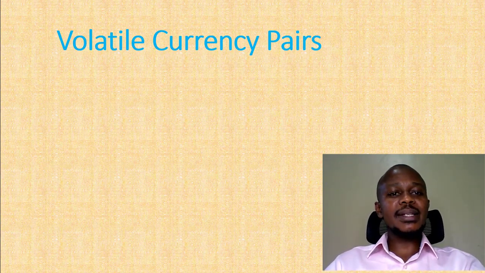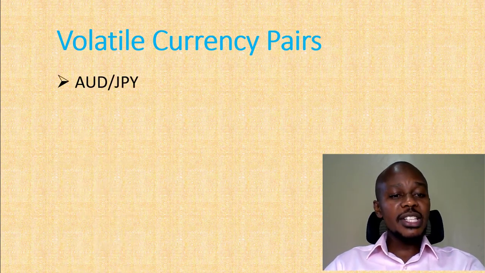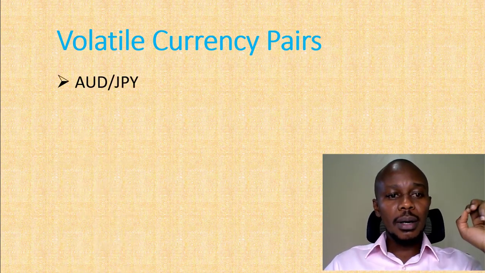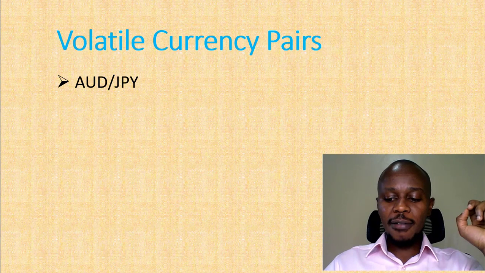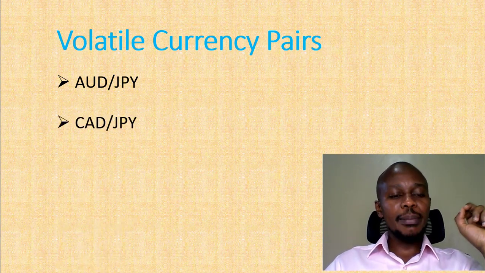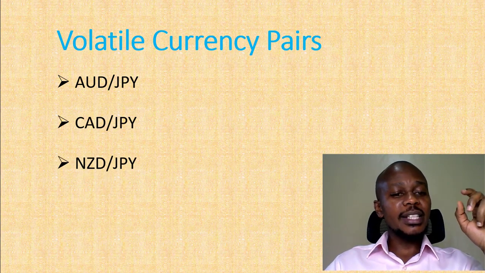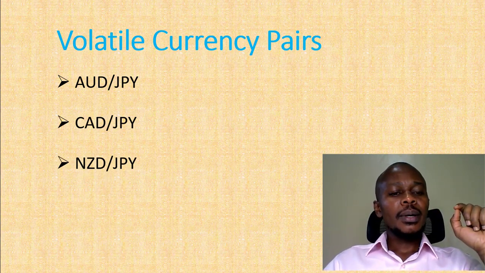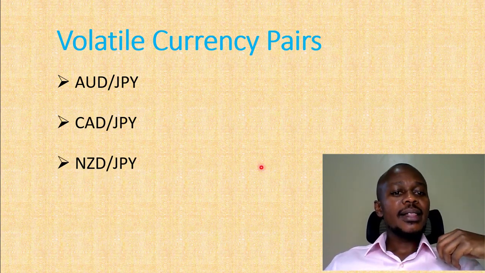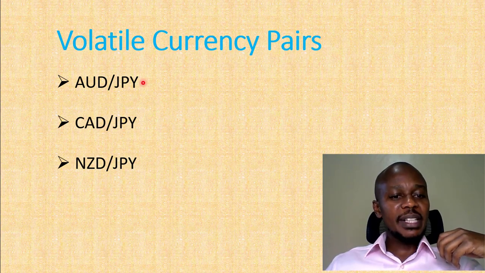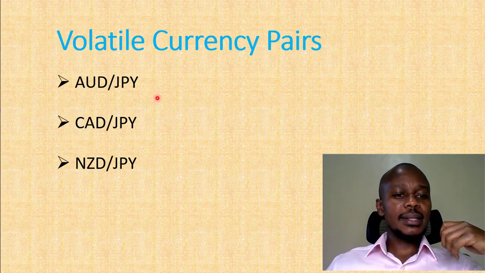So one of the pairs is the Australian dollar and the Japanese yen. That's one of the volatile currency pairs. We also have the Canadian dollar and the Japanese yen, then New Zealand dollar and Japanese yen. And you can see here these pairs which have the Japanese yen as the core currency, they are very, very, very volatile.